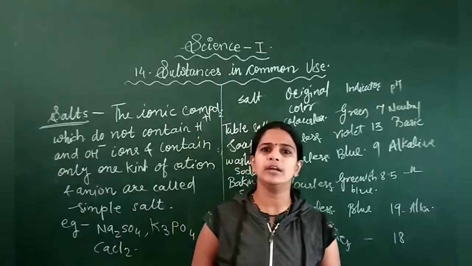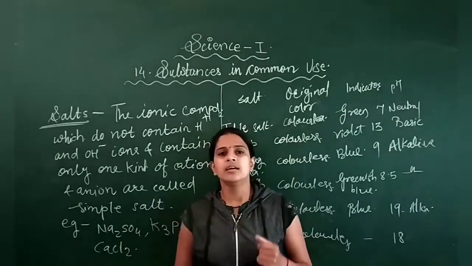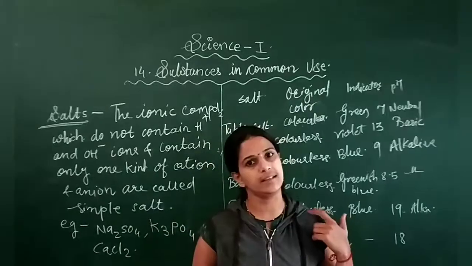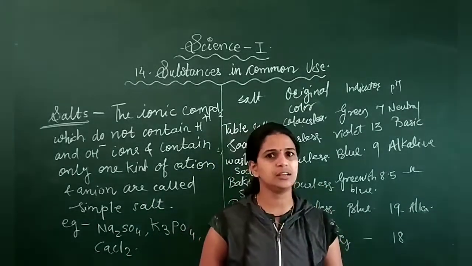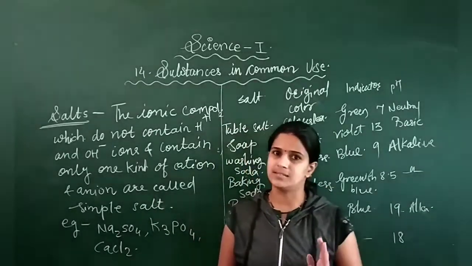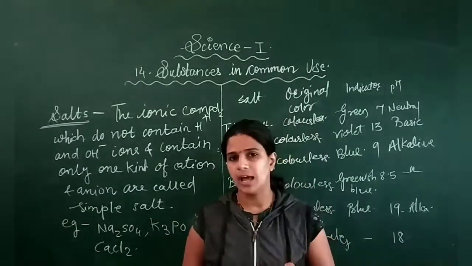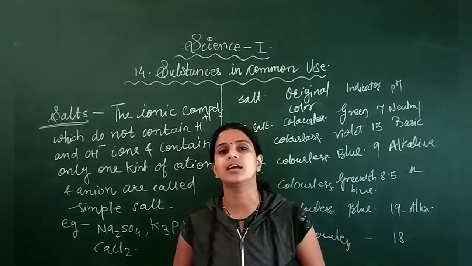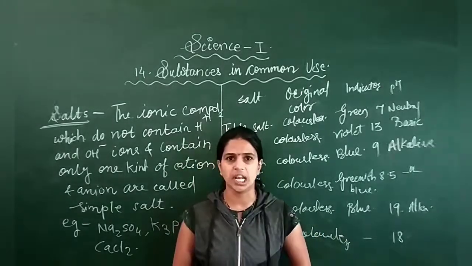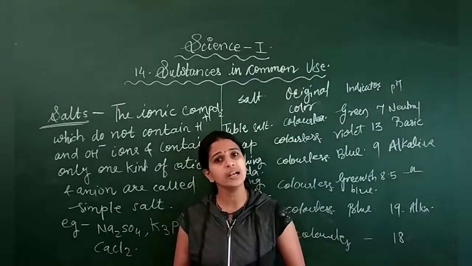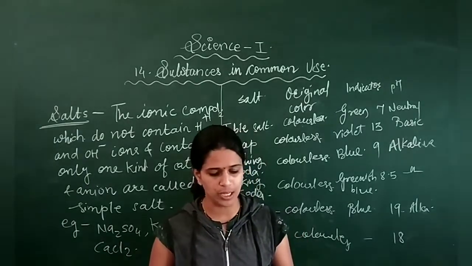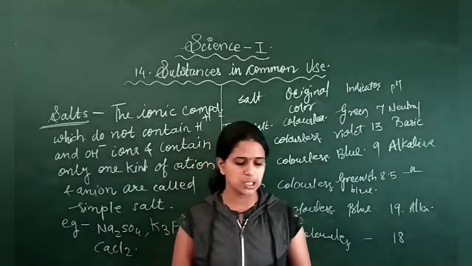Only keep one thing in your mind: when the pH value is less than 7, it is always acidic in nature. If the pH value is 7, it is neutral, and if it is more than 7, then it is always alkaline in nature. Alkaline means basic in nature. Hope you understand this point.